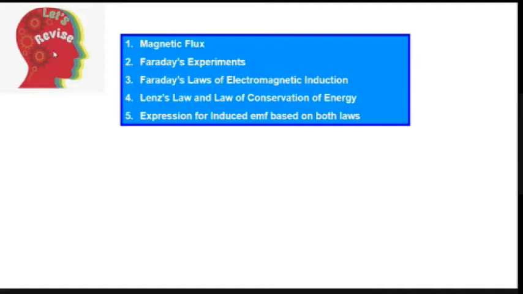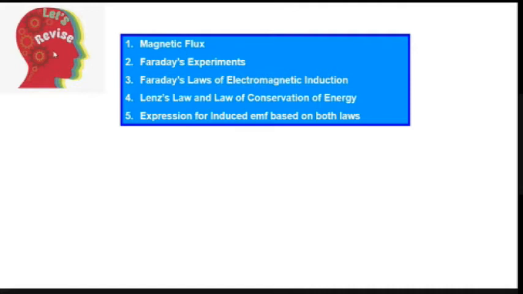Lenz's law is in accordance with the law of conservation of energy. Here there is no creation of energy. The only thing is the conservation or change of energy. In order to overcome the opposition, we have to do some mechanical work. Lenz's law says that the EMF always tries to oppose the motion, oppose the cause.